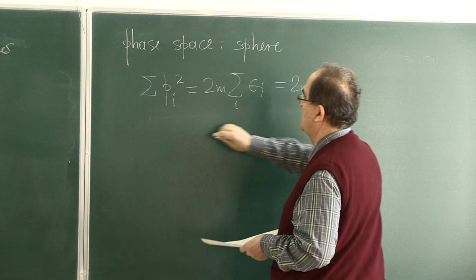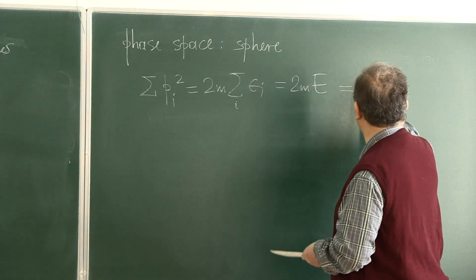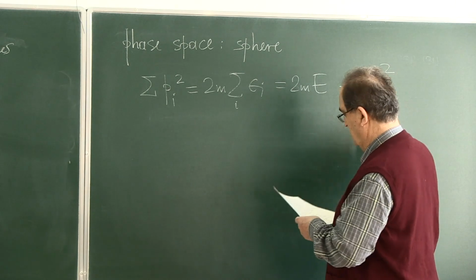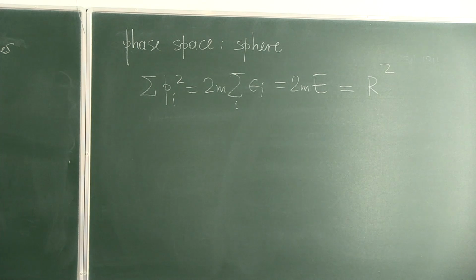And since we have the square of momentum, this must be the radius squared. So this R is the effective radius of the region occupied by your system, limited by the total energy. Is that okay?